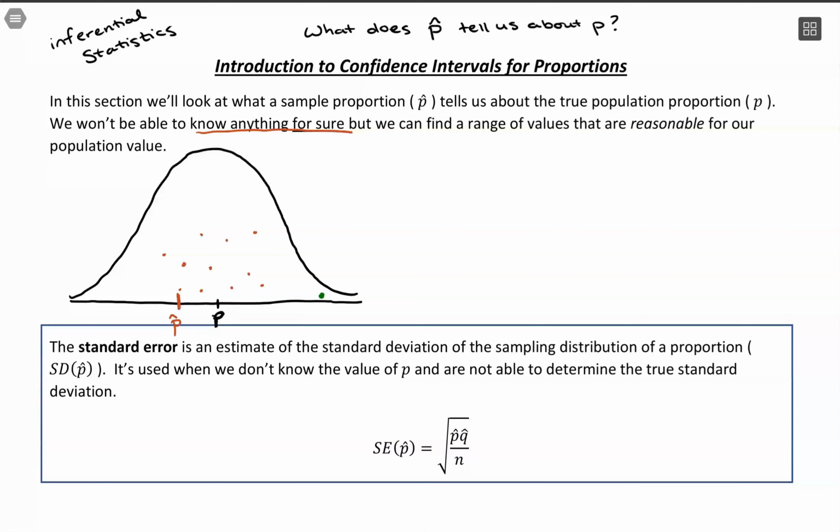But what we don't want to do is to say our sample proportion is equal to the population proportion. It could possibly be, but it's quite unlikely for them to come out to the same exact number. So that's where we don't want to just say the sample proportion is the population proportion. What we want to do is think about this sample proportion that we're getting out, and bring in some margin of error for it.